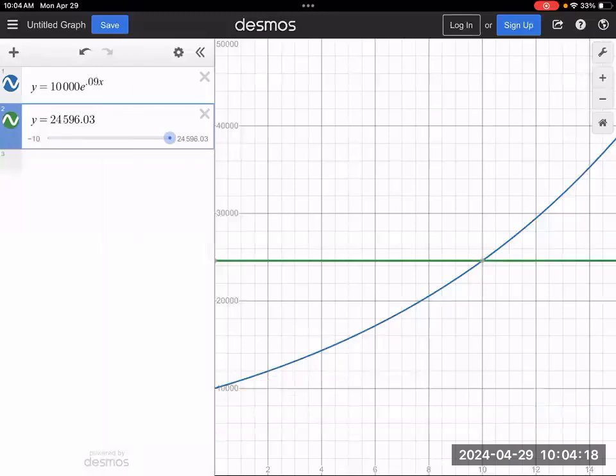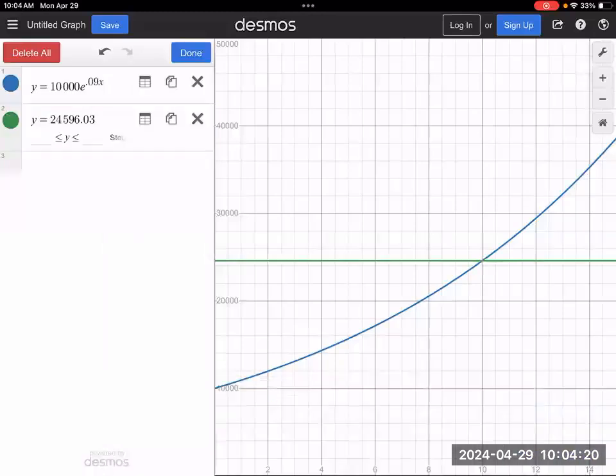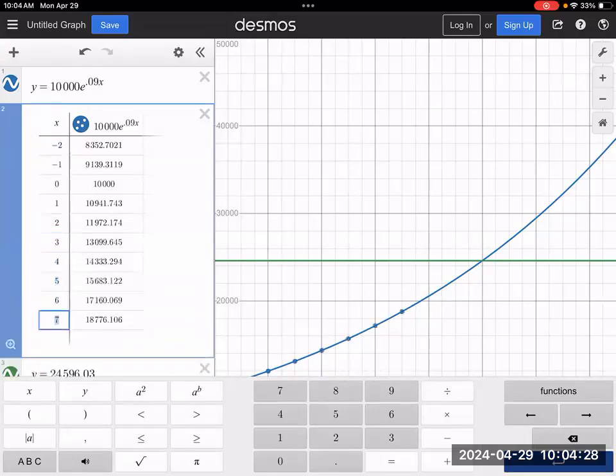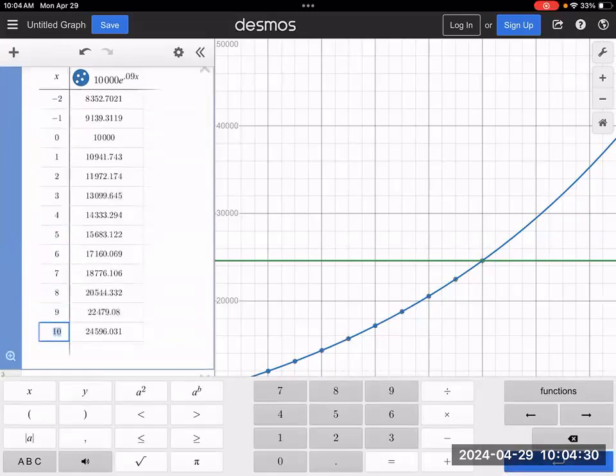Now, that being a much nicer whole number, we could have done your tables and keep going until we get to that amount. But again, just be hesitant with that because notice that up here, we are looking for that $18,000 mark, and it goes from 17,160 to 18,776.